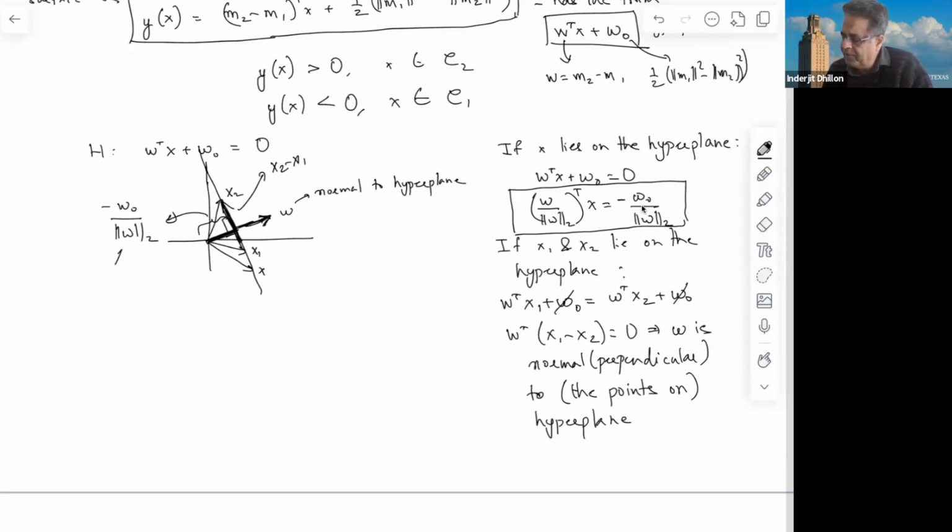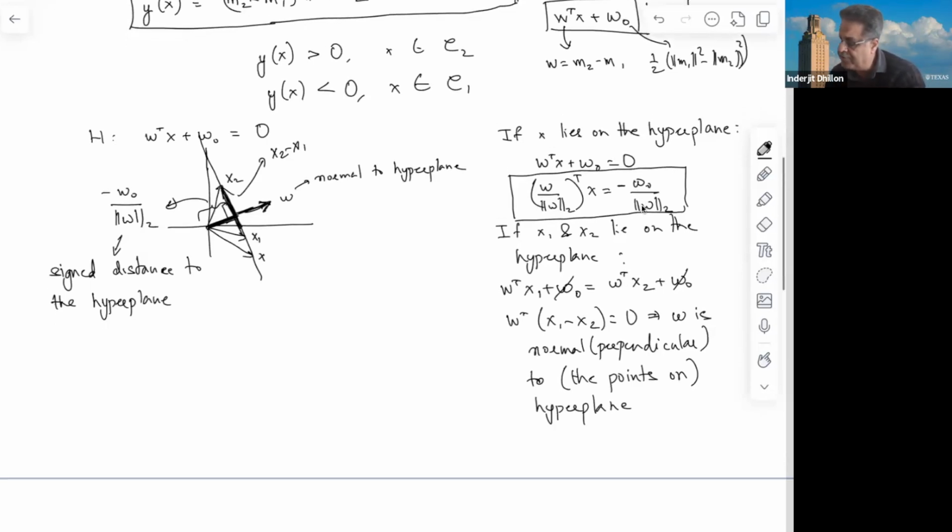Okay, so this is often called the signed distance to the hyperplane. Note that W naught divided by norm of W is a scalar. W naught might be positive or negative, and that's why we say that this is the signed distance from the origin to the hyperplane.